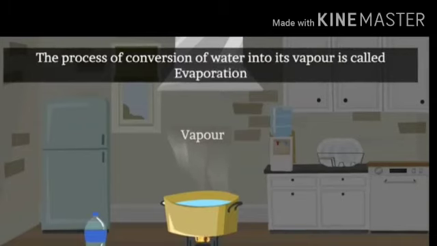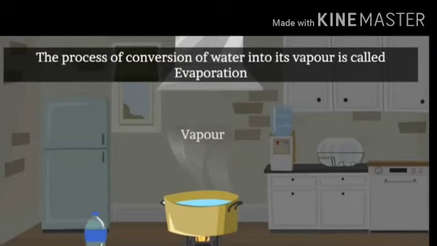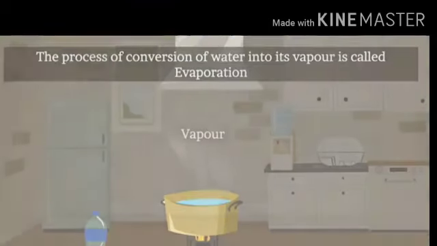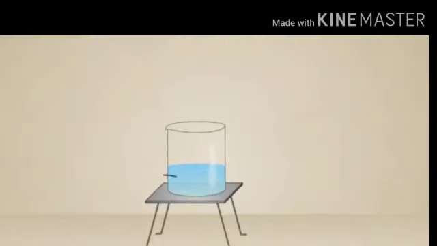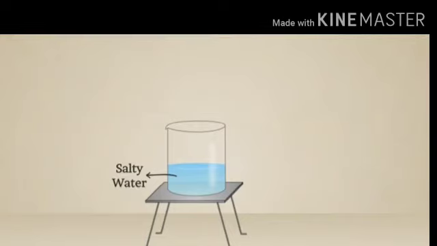This process is used to separate the mixture of salt and water. For separating salt from water, we should take salty water in a beaker, or the water that contains salt should be taken in a beaker.